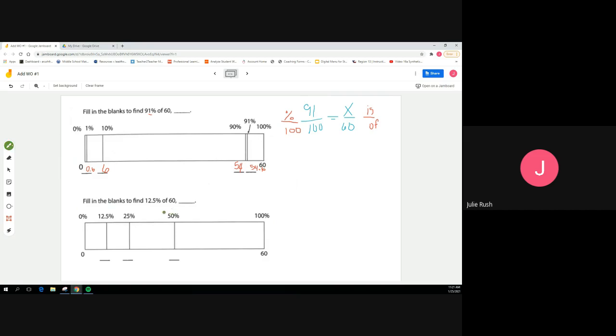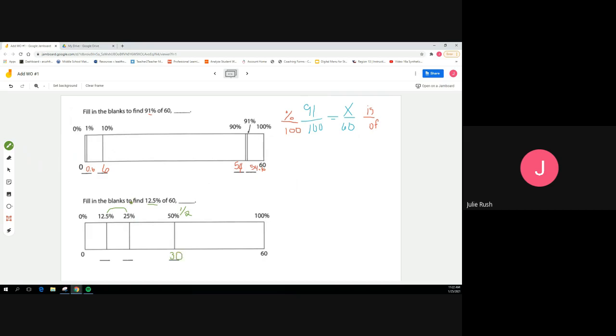Fill in the blanks to find 12.5% of 60. This is what usually throws y'all, when you get these half percents, but this is a benchmark percent because it is half of 25. We're still using 60, so we're here at 60 and 100. At 50%, that's the same thing as 1/2, so half of 60 is 30.